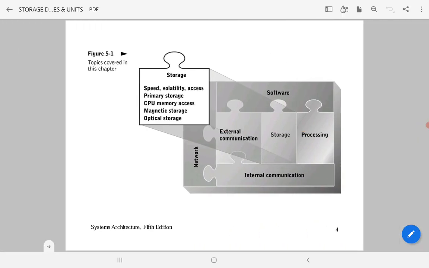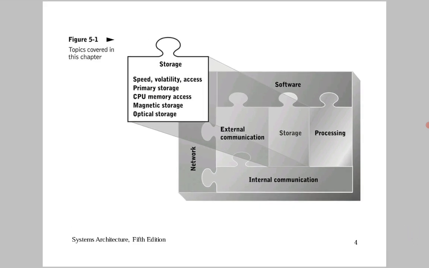So, this is the brief explanation or diagram of storage devices. Generally, the various parameters or characteristics used for explaining storage devices are speed, volatility, access, primary storage, CPU, memory access, magnetic storage, optical storage, like that.